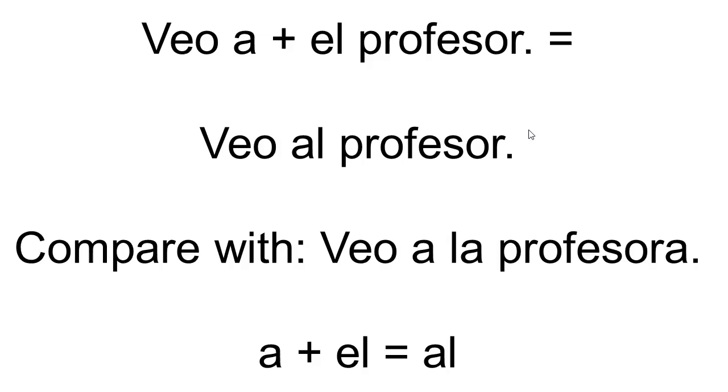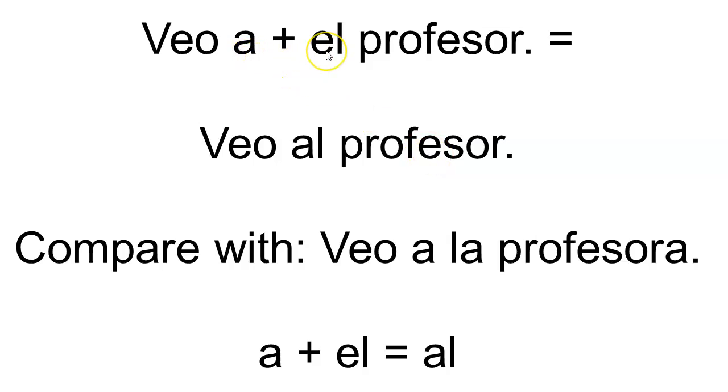I see the professor. Okay, now we have a person. This one's a little tricky in the sense that a will combine with a masculine article. So can you guess? Would you say, well, what would you say? I see the professor. You would have to say veo al profesor.